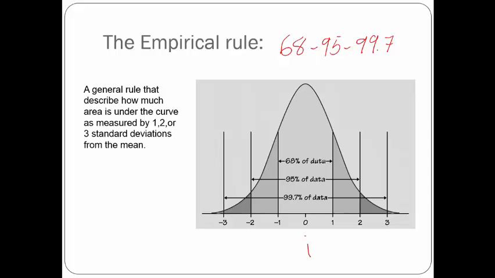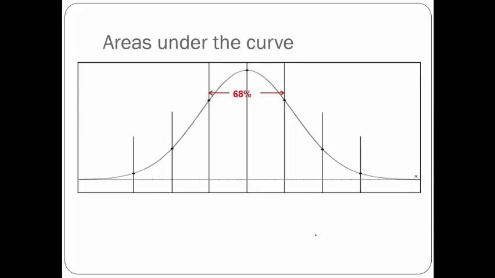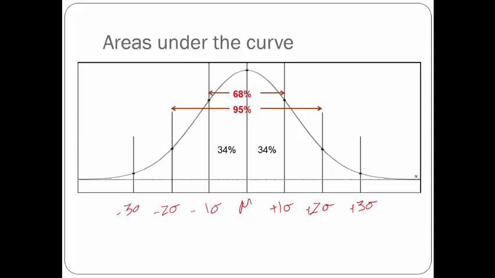You can see in this picture right here. Within 1 standard deviation, you get 68%. Within 2, 95%, right? So here's the mean. Here's plus 1 standard deviation, plus 2 standard deviations, plus 3 standard deviations. And you go minus 1, minus 2, minus 3. So you get those percentages that play out.